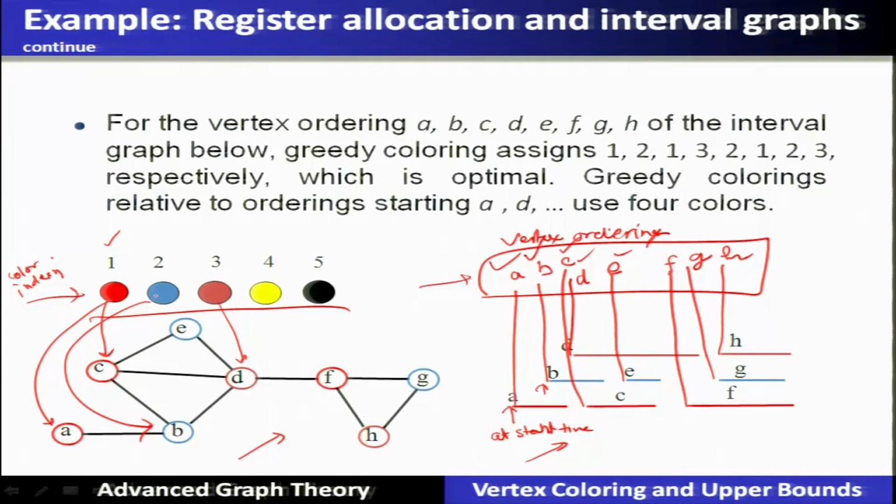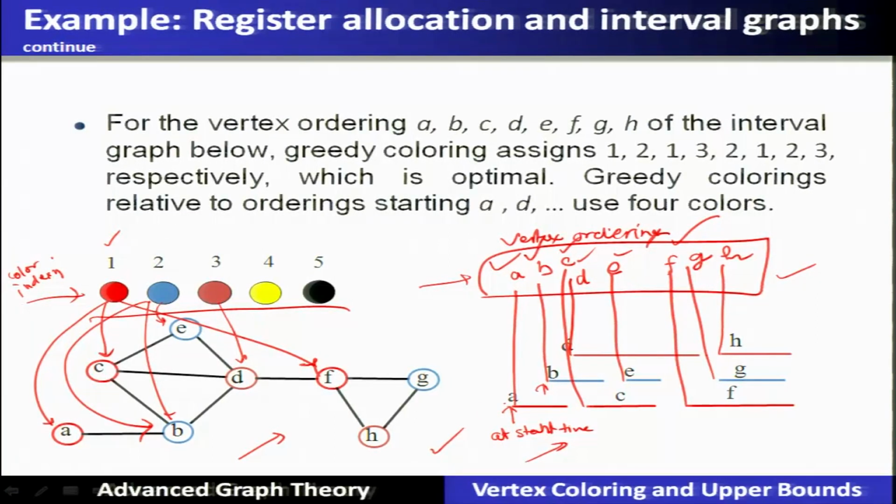So color 2 is the smallest one, and color 2 will be assigned to E. As far as F is concerned, F will be given red, and all the colors will be assigned as we have shown in this figure.